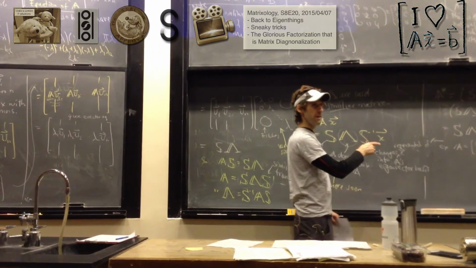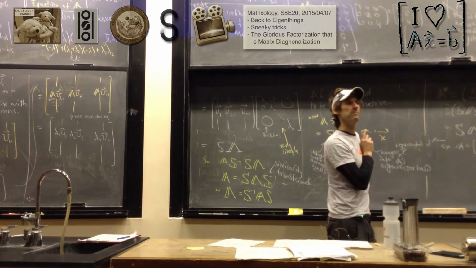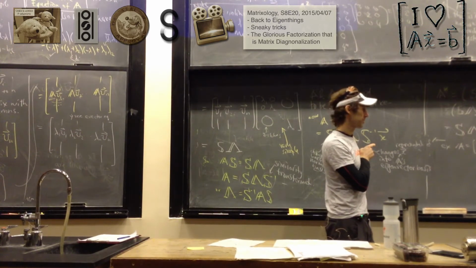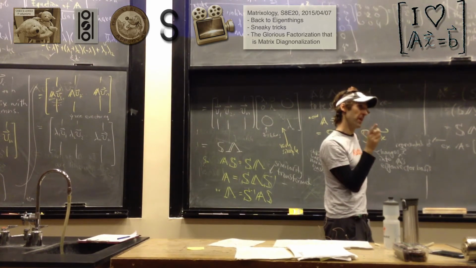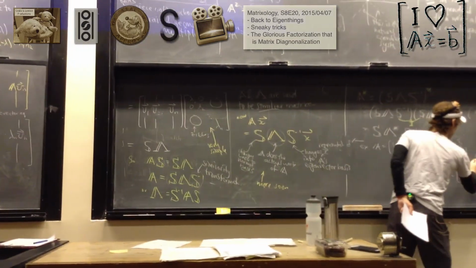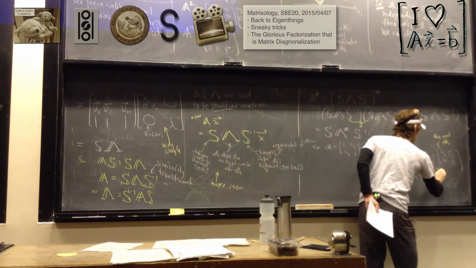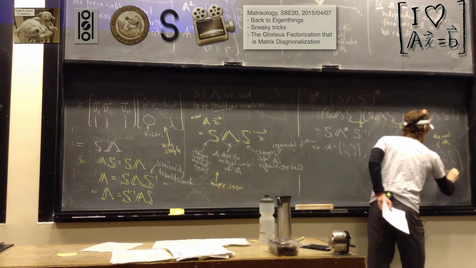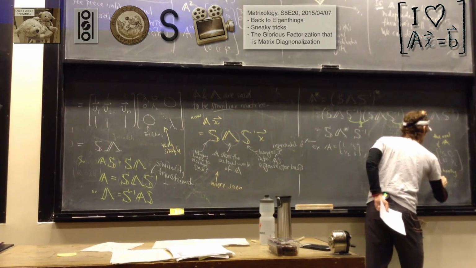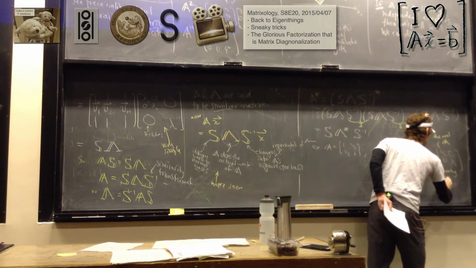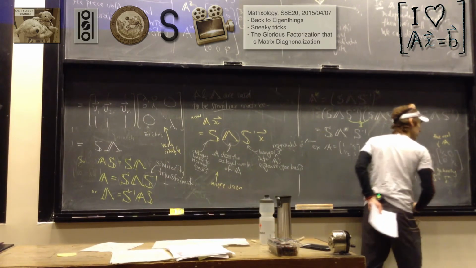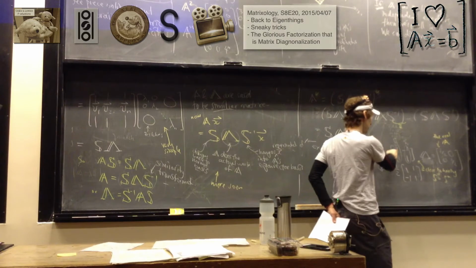There is something about the inverse of S. What is it? It's very close to being the transpose. Close to having S to the minus 1 equals S transpose. And it would be true if we normalize these vectors.